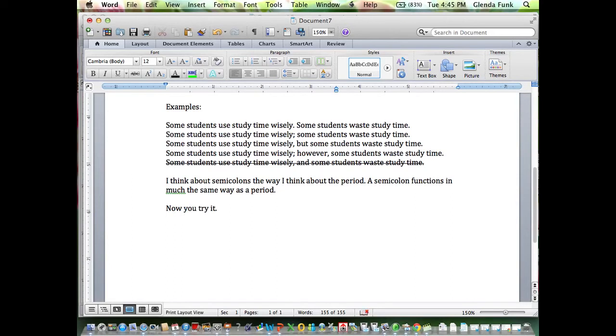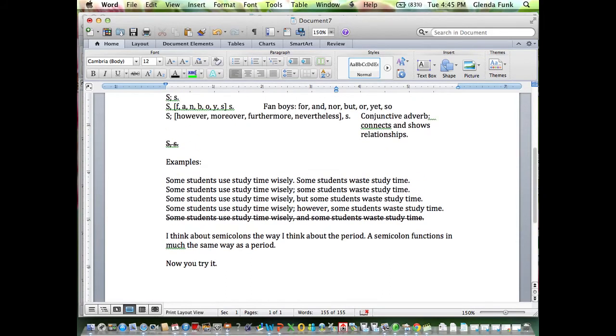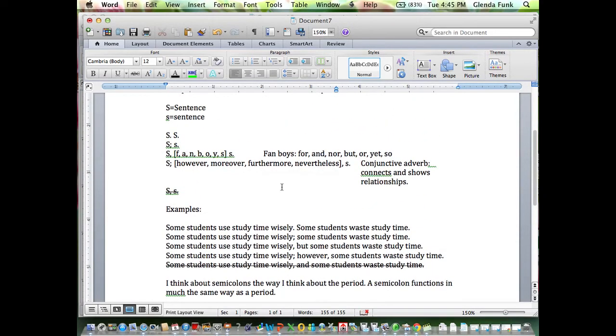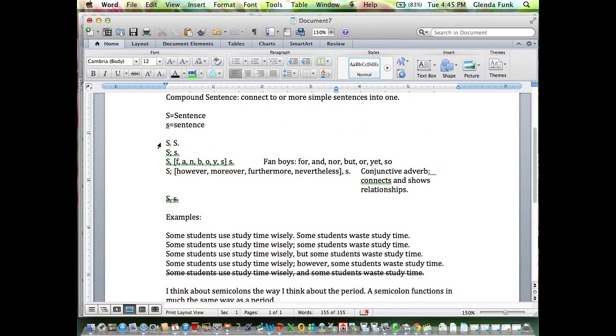So I ask them to write sentences that show each part of the formula that I want them to use. I don't ask them to write the empty set, the one that is the no-no as far as I'm concerned. But I want them to understand the idea of writing a sentence and capitalizing the first letter in the first word of the sentence, because sometimes they get a little careless and they don't do that.